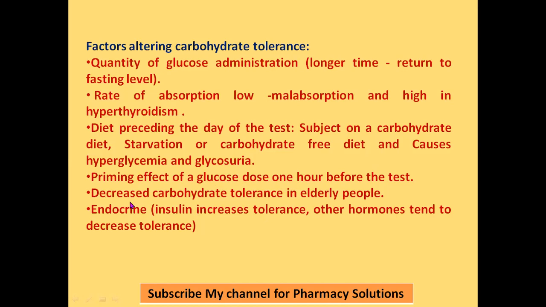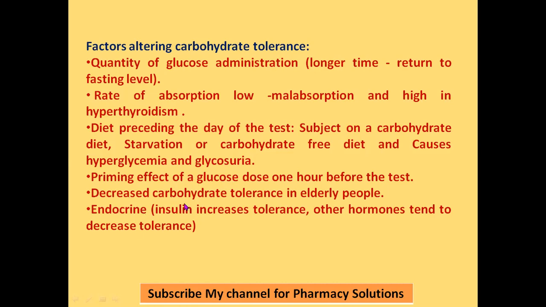All these things have to be monitored, because this will affect the tolerance. You may call a tolerant person intolerant, or an intolerant person tolerant. These factors are to be considered.